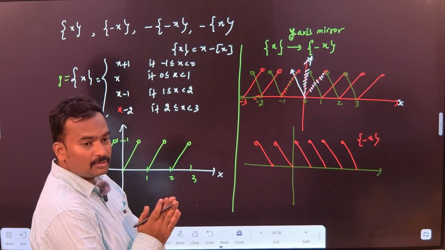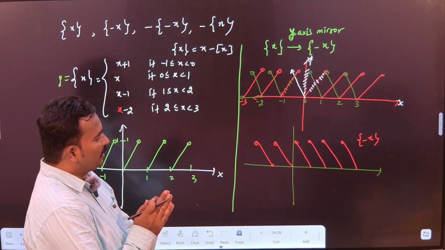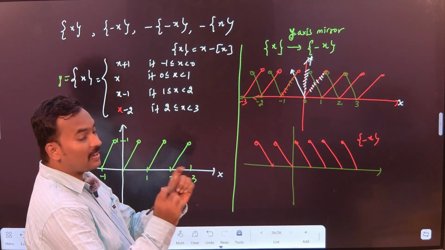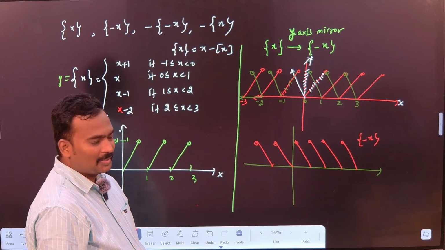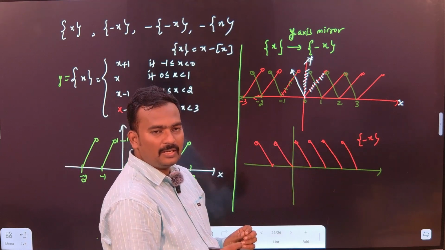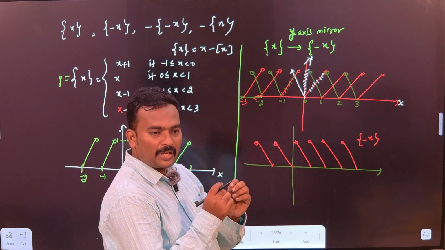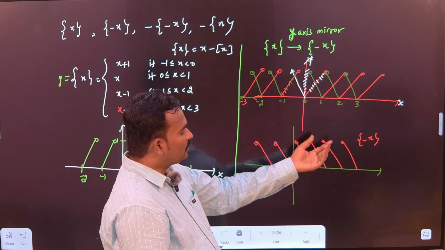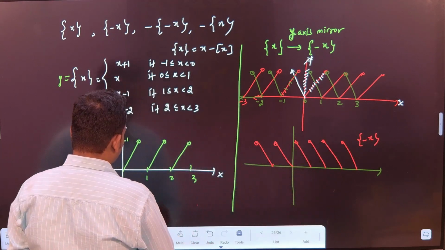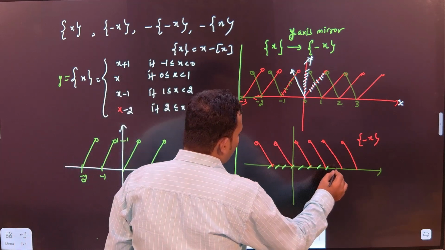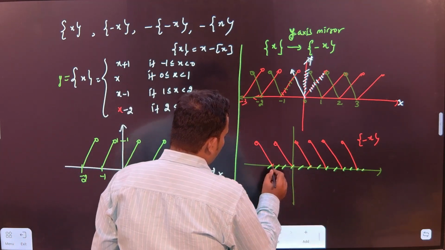Okay, now you have to do one thing. Minus fractional part of minus x. When you have this kind of graph, with a minus applied, then f of x changes to minus f of x. That means you take the x axis as the mirror. Keep this x axis as the mirror, then it will be like this.